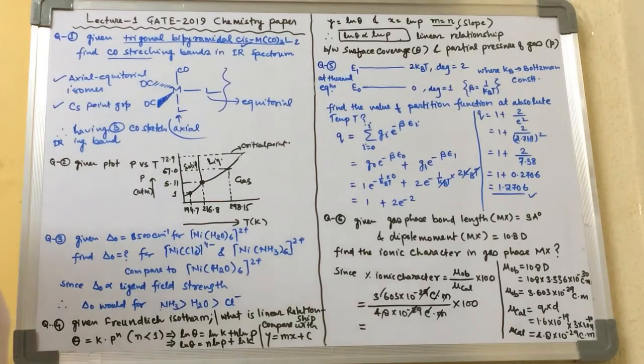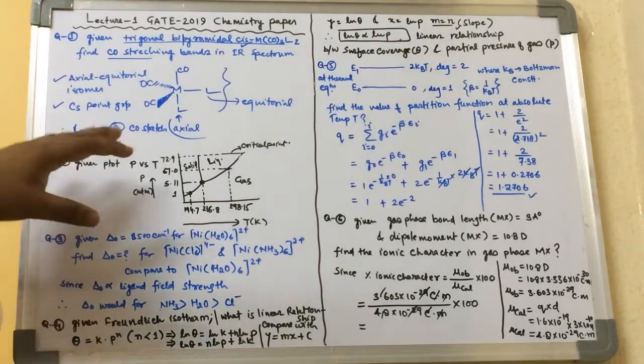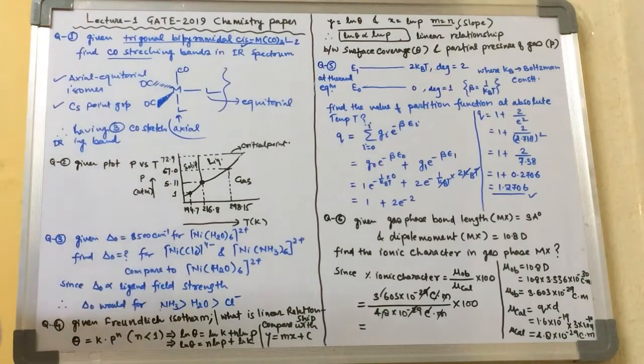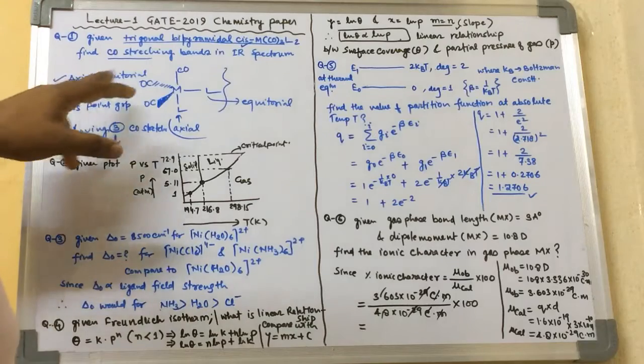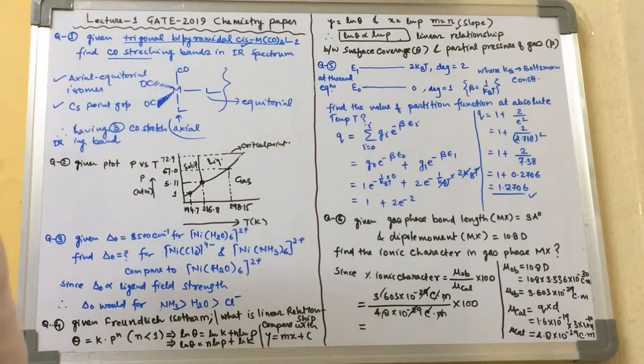So how to see the CO IR stretching bands? Here cis and trans, axial and equatorial isomers can be seen, and the Cs point group is present.